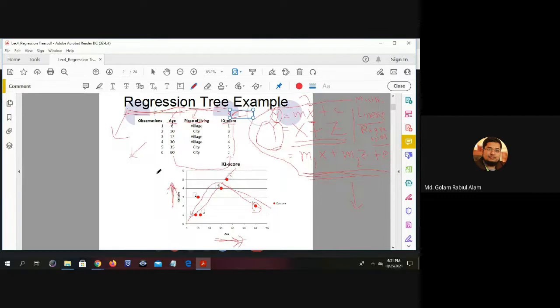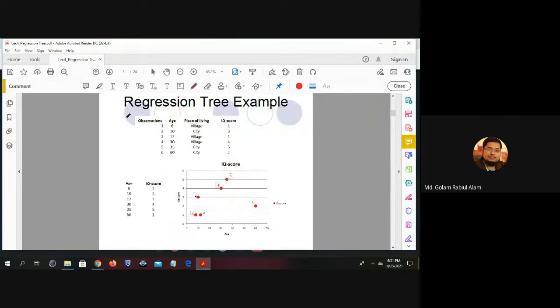Okay, then the regression tree example. How can we construct the regression tree? At first, we have to see the features. Here there are two features: one is age, another one is place of living. And how can we know that this is a regression problem? Again, we look at the y levels.